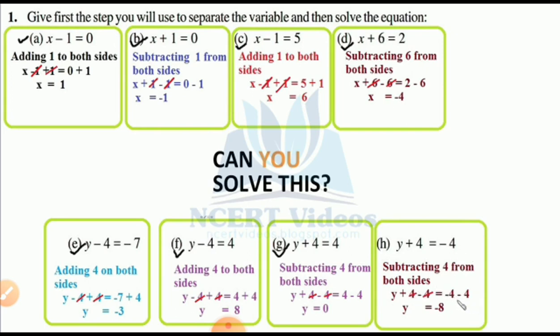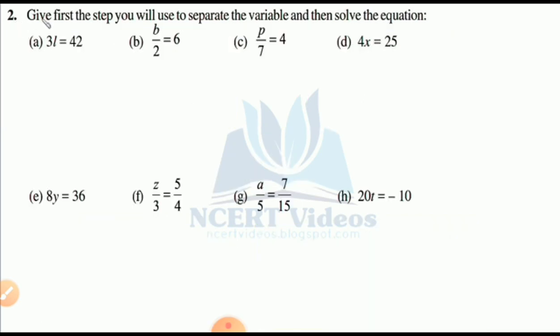Subtracting 4 from both sides. Minus 4 and minus 4, both numbers are negative, so they should be added. Whenever the two numbers have different signs, they may be subtracted, but when both numbers have the same sign, either positive or negative, they should be added.